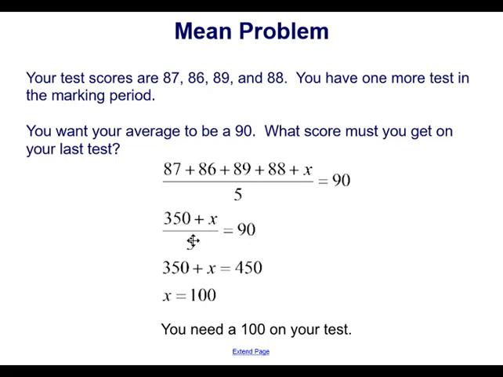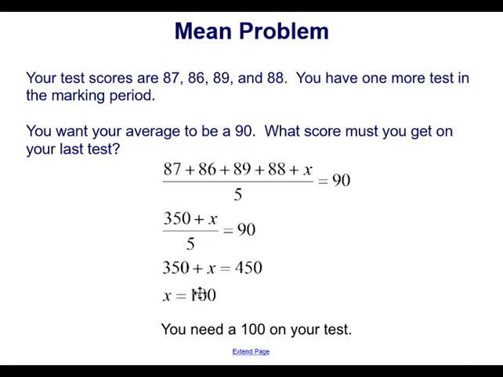And then if you solve for x by multiplying both sides by 5 and subtracting 350, you'll get that x equals 100. So with those previous 4 test scores and only one more test score left, you have found out using this equation method that you need to get 100 on your next test if you want your average or mean score to be a 90.